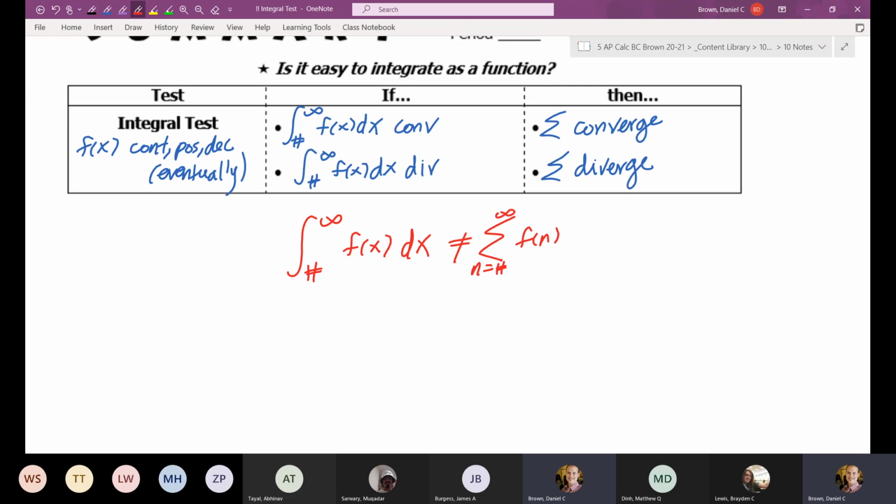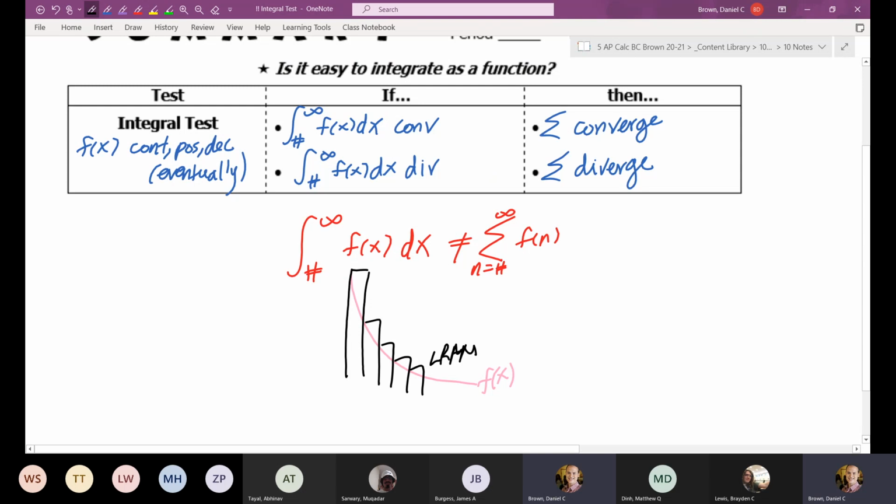The integral test can only be used if your function is continuous, positive, and decreasing eventually. So f of x would eventually have to look something like this. That's not the series. The series is going to be finding discrete values of the graph. And we'll imagine the series is actually the LRAM of the function.